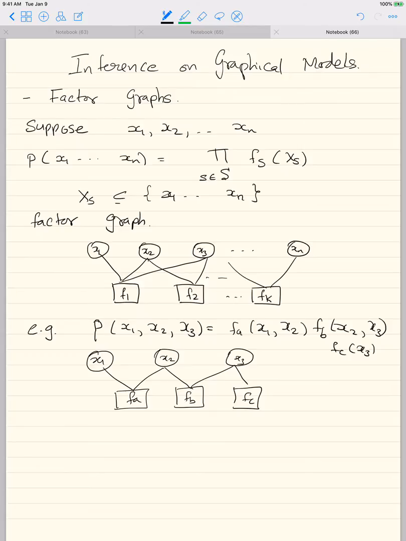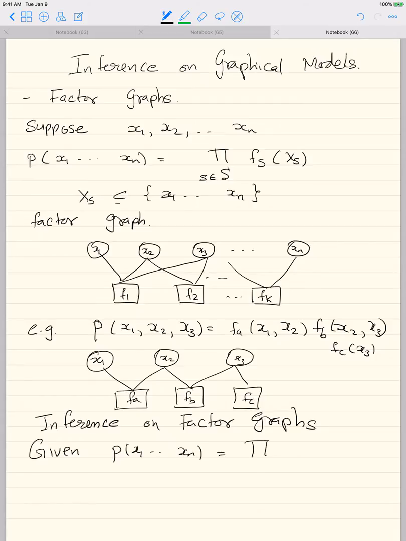And so the problem that we are interested in is inference on factor graphs. So what we mean by that is we are given some joint distribution which can be represented using factor graphs. We want to compute the marginal distributions.